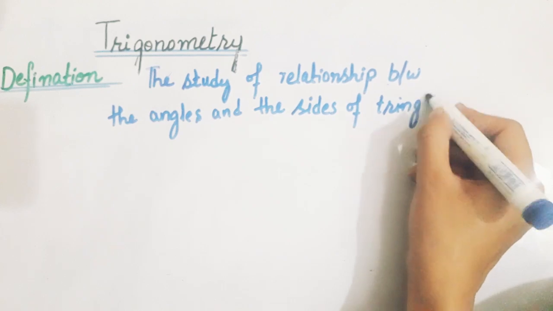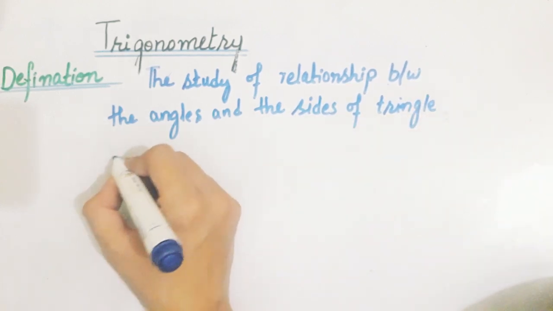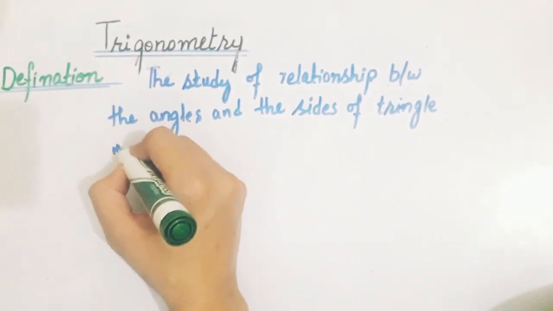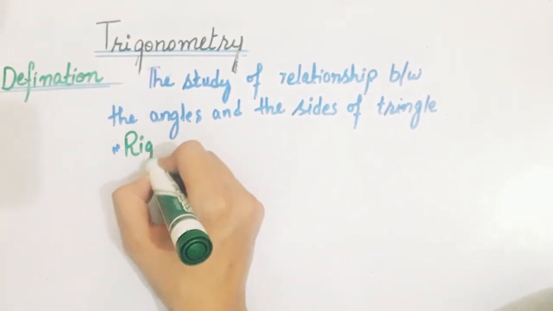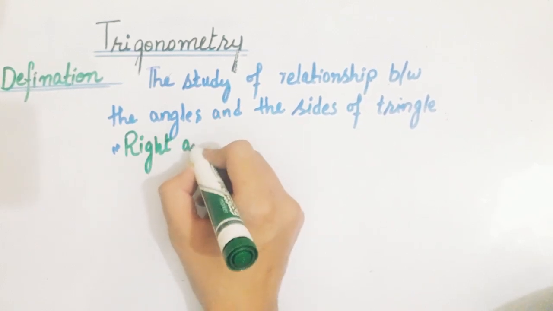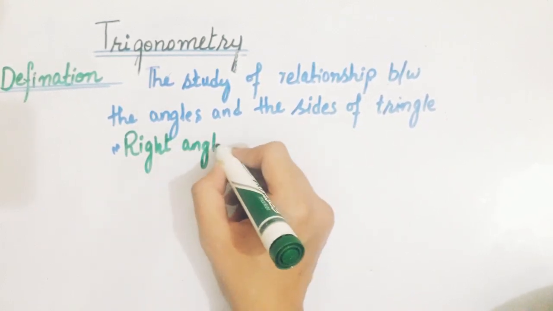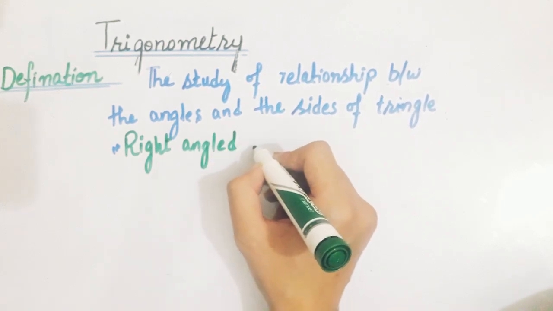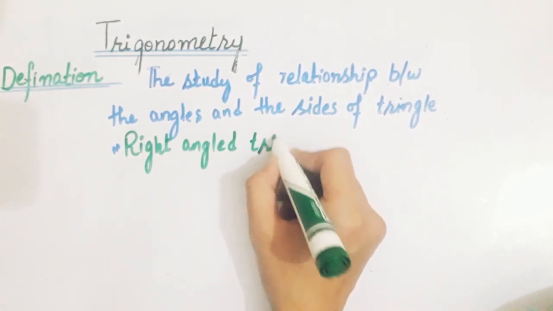And the triangle must be, you will say, the most important triangle, that will be the right angle triangle. So mostly in trigonometry we will discuss right angled triangle.